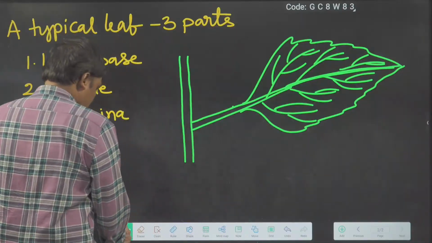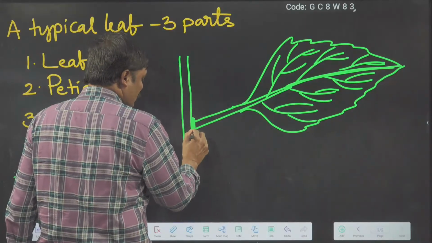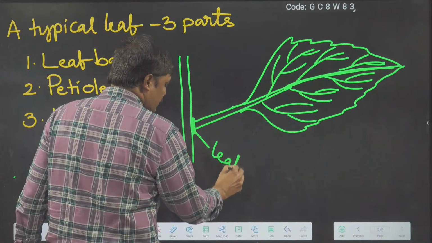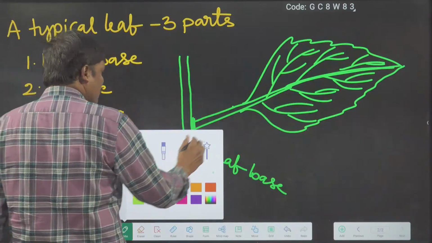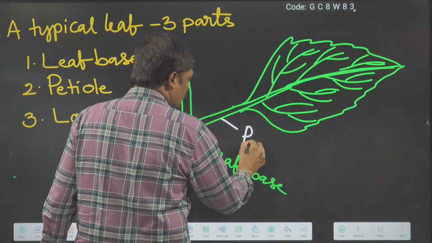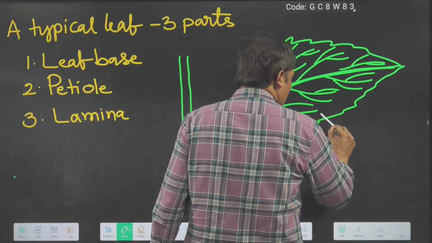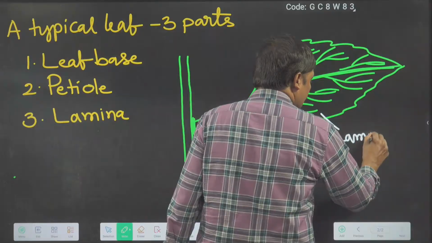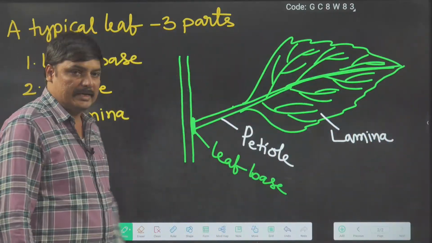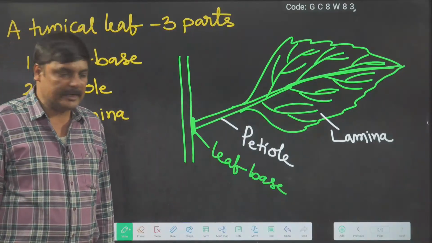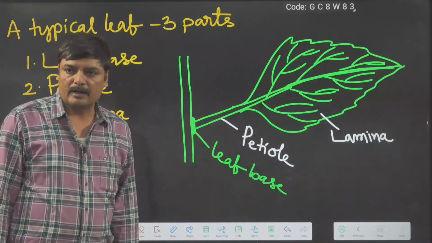This is the leaf base. This part is the petiole. This is the lamina, the leaf lamina. The three parts are leaf base, petiole, and lamina. Let us see them one by one.